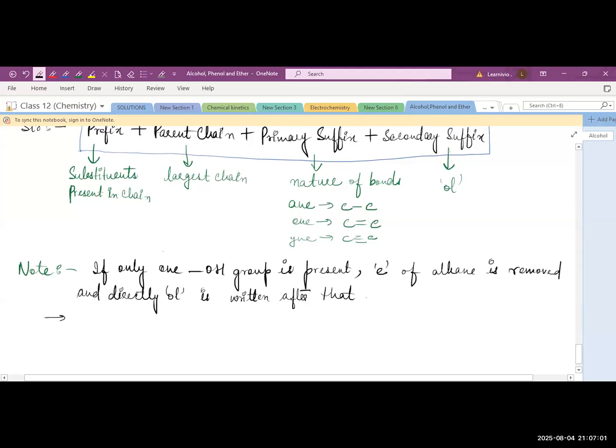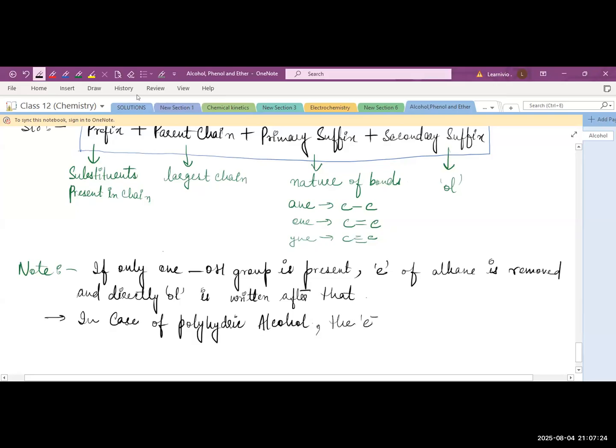And in case of polyhydric alcohol, meaning more than one hydroxyl group is there, what are we supposed to do?